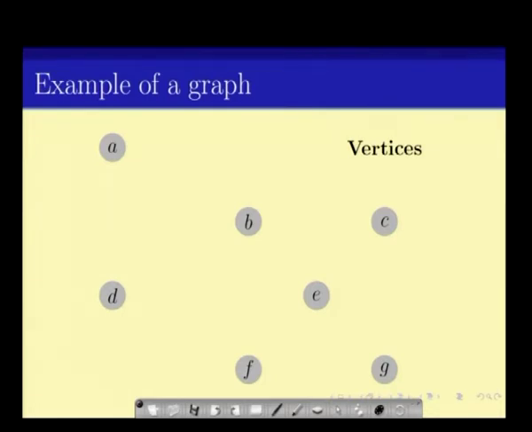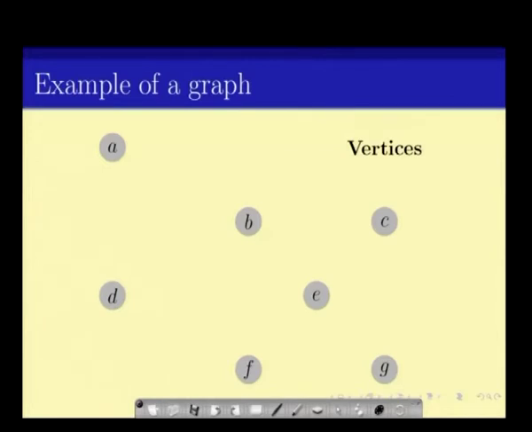Now, what are the edges? Edges are relationships between these vertices. So, for example, if somebody says that there is an edge from A to B, or rather if (A, B) is an element in this set of edges, then we will draw a line between A and B. Similarly, if (A, D) is an element in the set of edges, then we will draw a line between A and D, and so on.